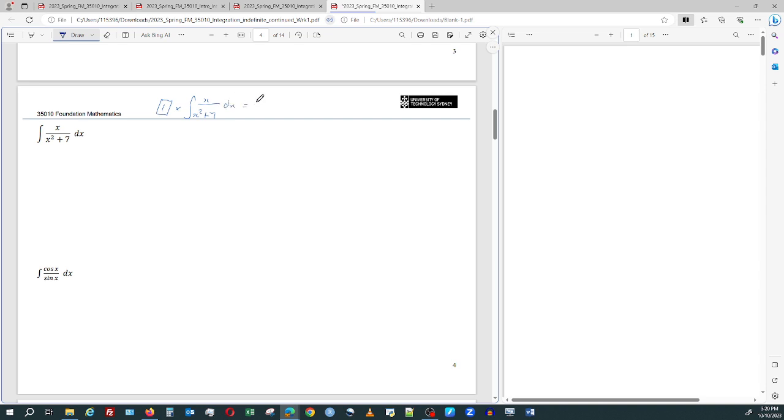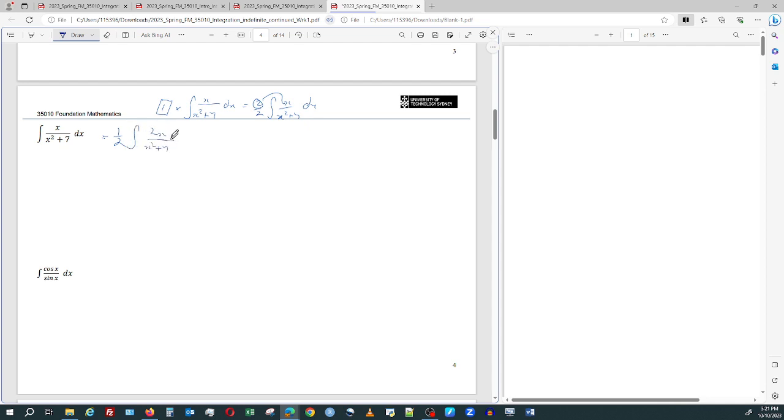What's the form of 1? Well, we need to borrow a 2. The 2 will go over, next to there, because we're allowed to do that by the constant rule, and so it will become a half the integral 2x over x squared plus 7.